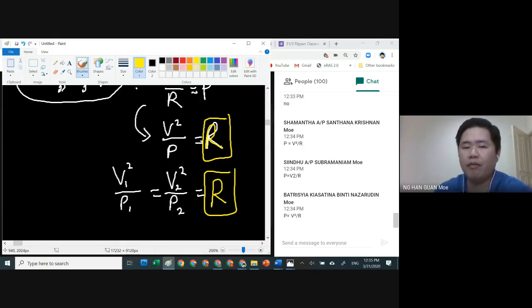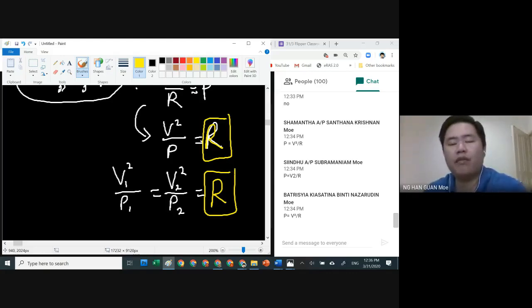You should apply V1 squared over P1 and V2 squared over P2, because only this relationship gives one constant value, which is the resistance of our device. So now please do the calculation again for the question just now.